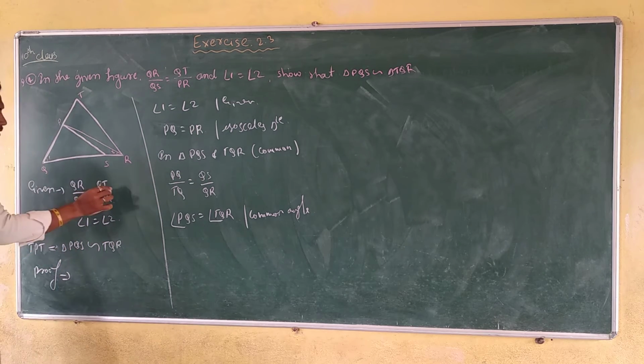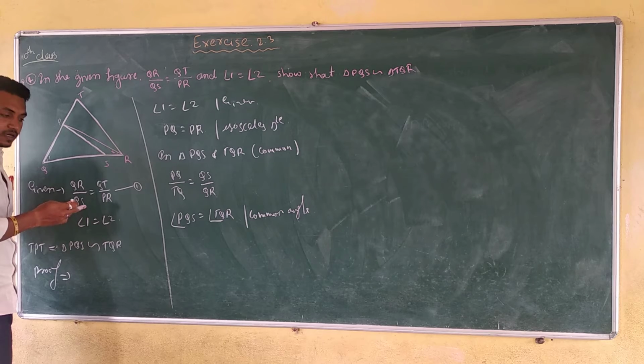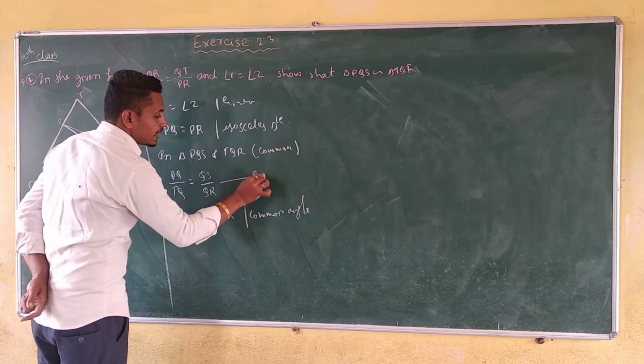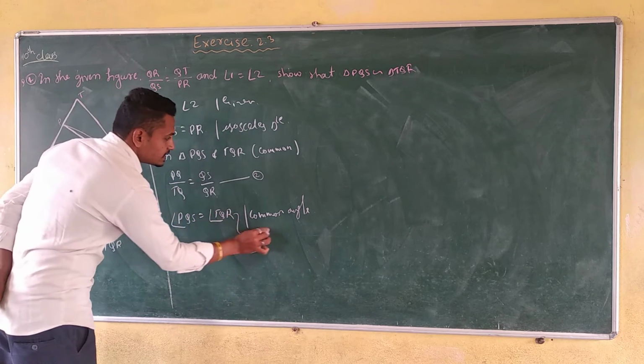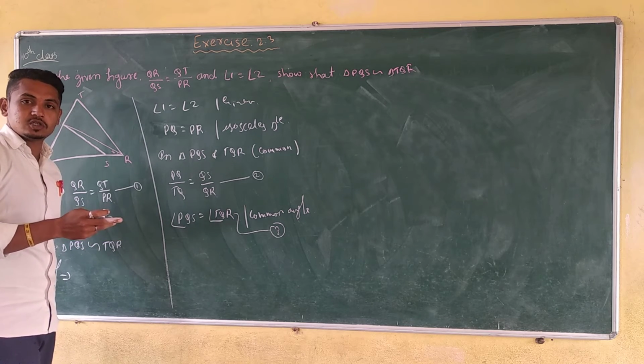Now see here, they already gave one side. The corresponding sides are in the same ratio. Here also the second side, corresponding sides are in the same ratio, and third, one angle is equal to each other.